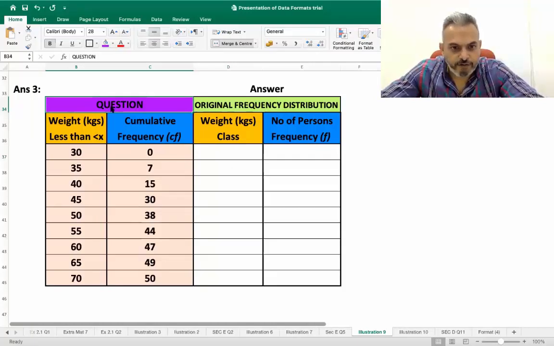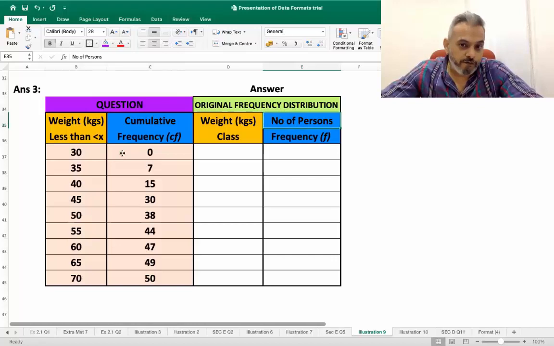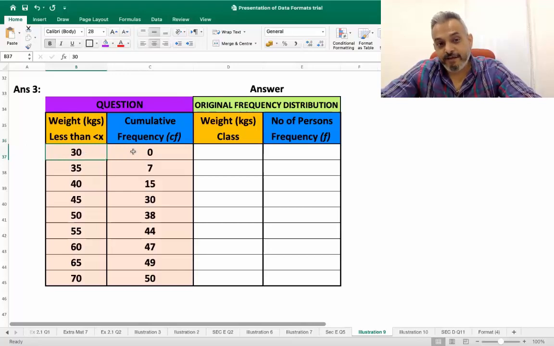This is the question that was given to us. Now from this less than type cumulative frequency, we have to prepare the original frequency distribution. For that, we write the headings weight, classes, and then number of persons, that is frequency. Now, less than 30 is 0, less than 35 is 7.